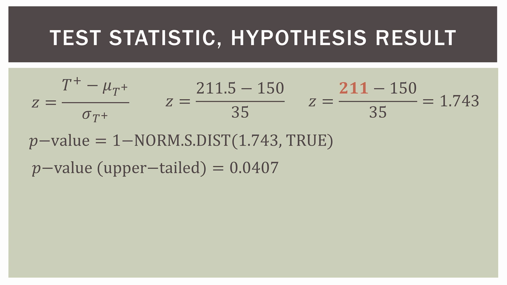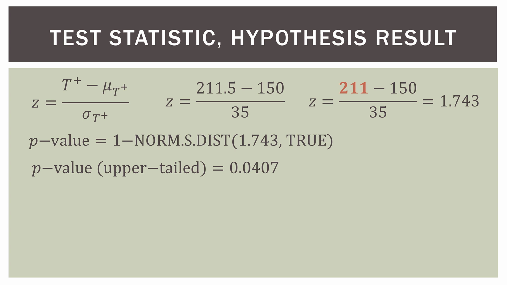So that's going to give us the upper tail. Remember, the z of 1.743 is in the upper tail of our distribution. We want the sliver of the distribution beyond that, to the right of that. To do that, we take 1 minus the probability up to that point in our distribution. So remember, we're finding the upper slice. The whole normal distribution equals 1, and then we subtract everything to the left of 1.743 to get the slice to the right of 1.743.